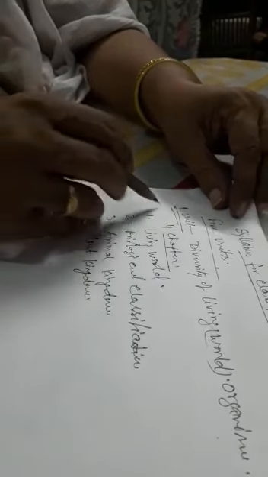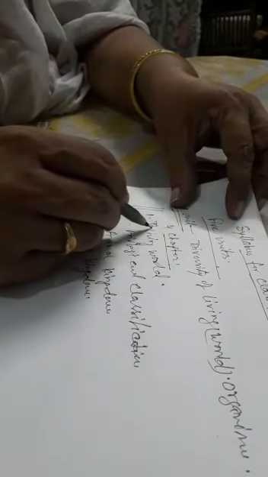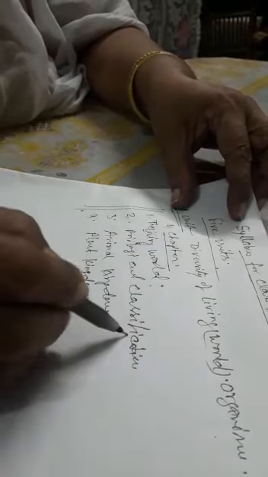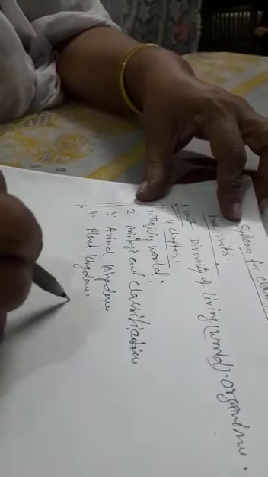This is the first unit, containing 4 chapters: the living world, biological classification, animal kingdom, and plant kingdom.